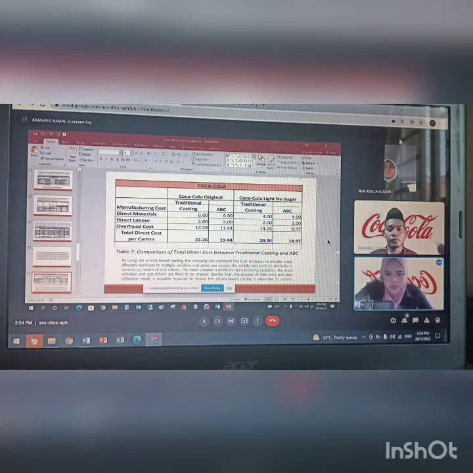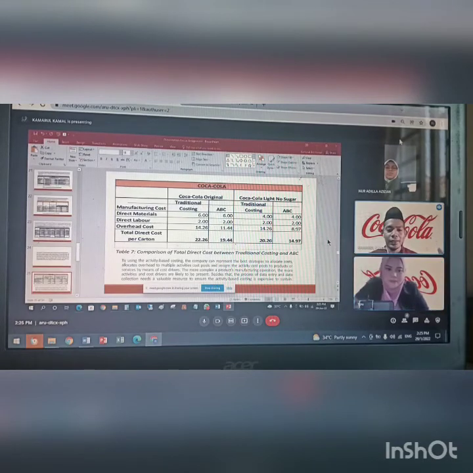So this represents the best strategy to allocate overhead to multiple activity cost pools, and assign the activity cost pool to product or service by means of cost driver. Okay, thank you. That's all for me.